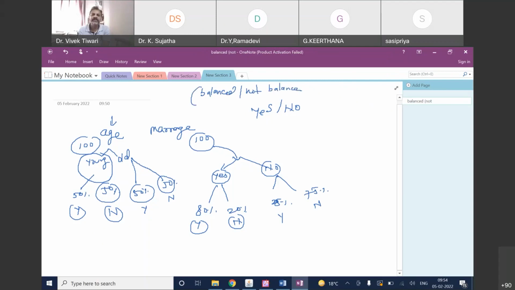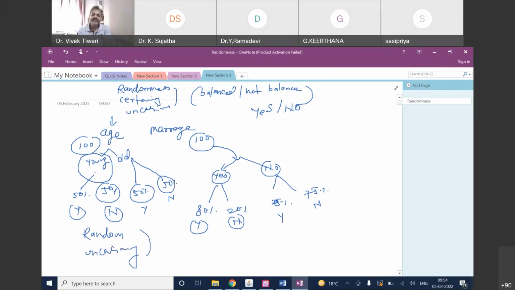The correct word is randomness. Randomness, or certainty or uncertainty, as it is sometimes called. So certainty is there, uncertainty is there.